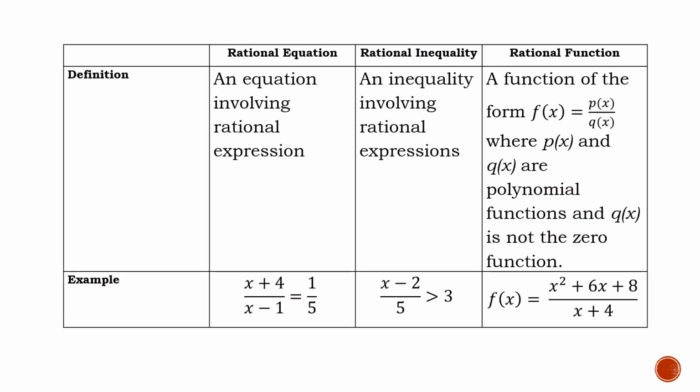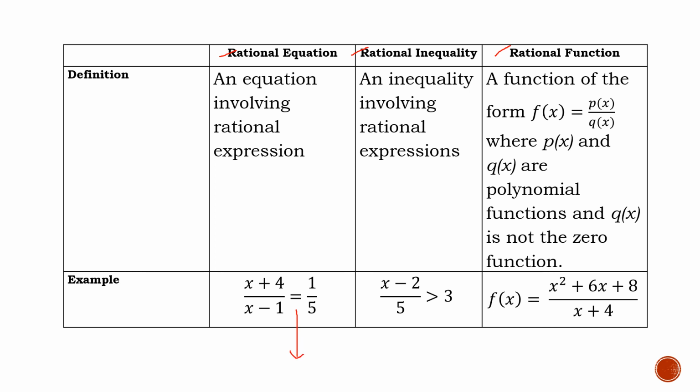So for this slide, let's deal now with the rational equation, your rational inequality, and your rational functions. So your definition for your rational equation is an equation involving rational expression. As you can see, there is an equation here wherein there's an involvement of an equal sign.